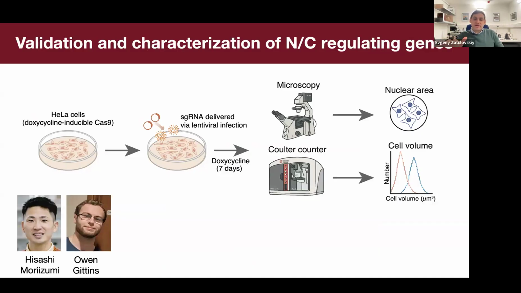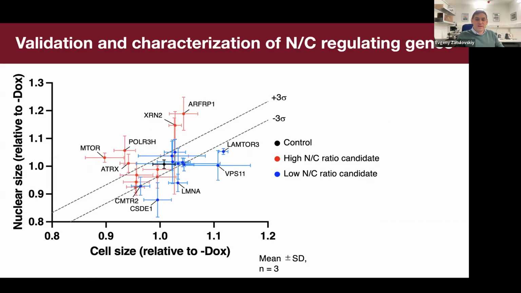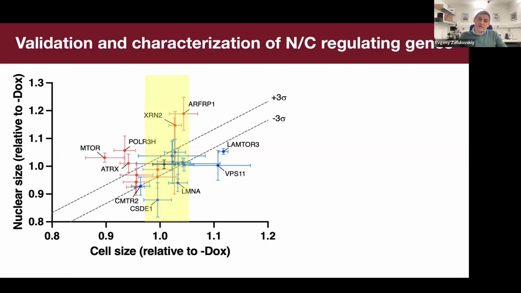So after this screen, Hisashi and undergrad student Owen in the lab performed a validation of individual hits. They picked about 20 individual genes, knocked them out and measured cell size and nuclear size to confirm the results. And from this quantification, where on the x-axis we plotted cell size for each knockout and on the y-axis nuclear size, we can already see that some knockouts mostly affect the nuclear size without changing the cell size.